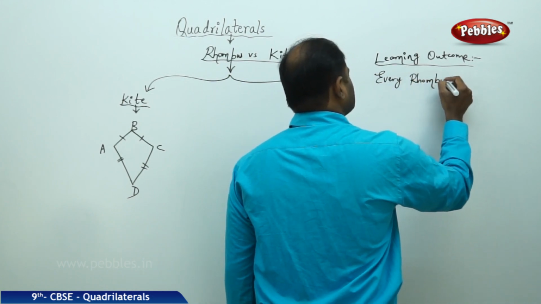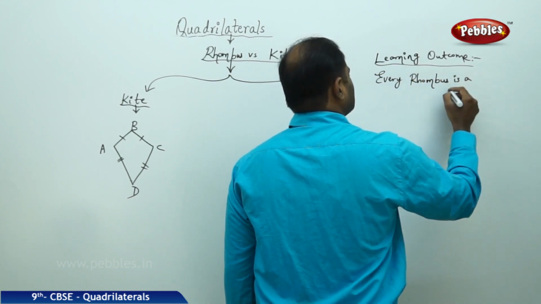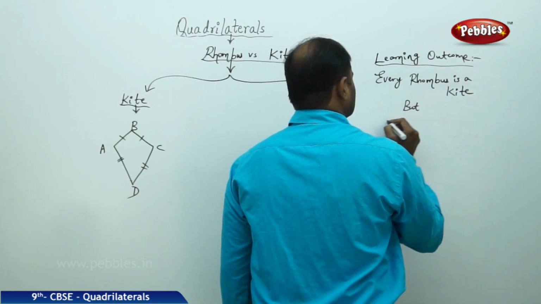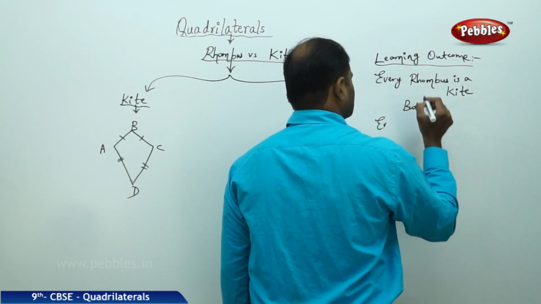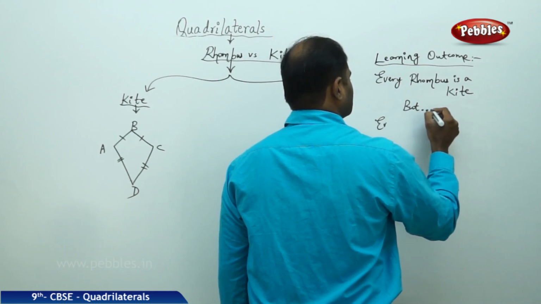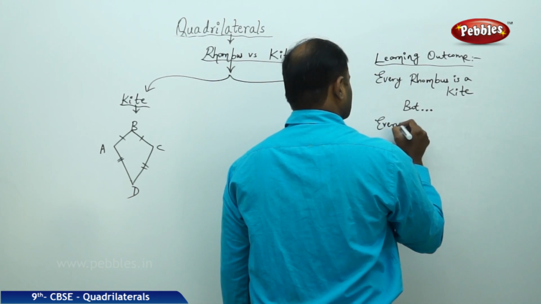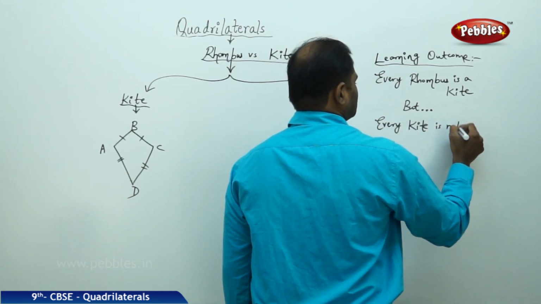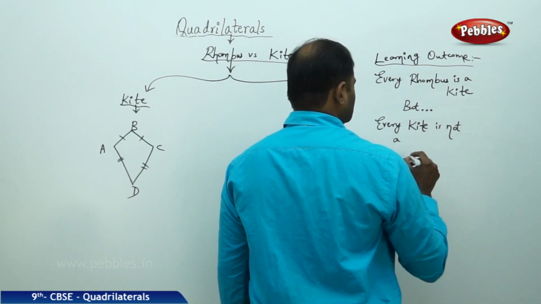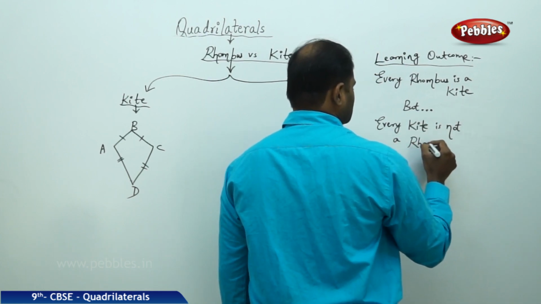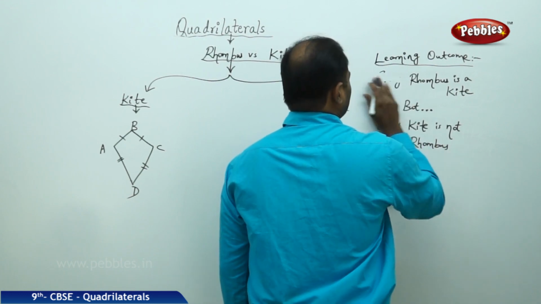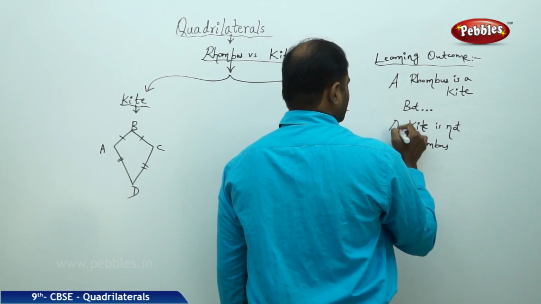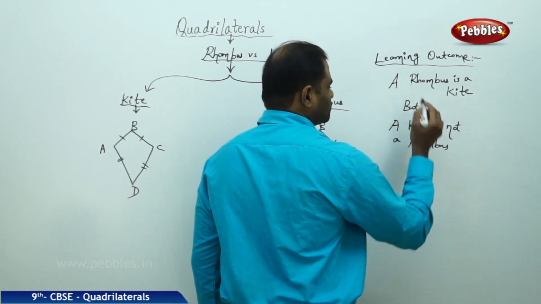So my learning outcome comes out to be: every rhombus is a kite, but every kite is not. Or I can say a rhombus is a kite, but a kite is not a rhombus.